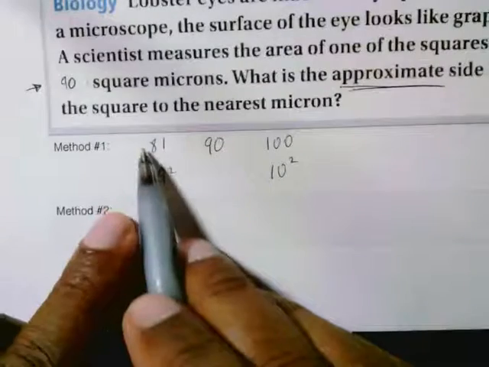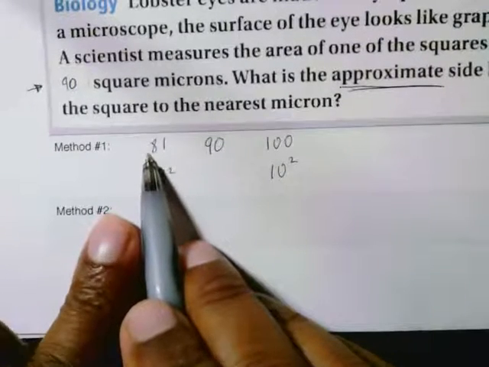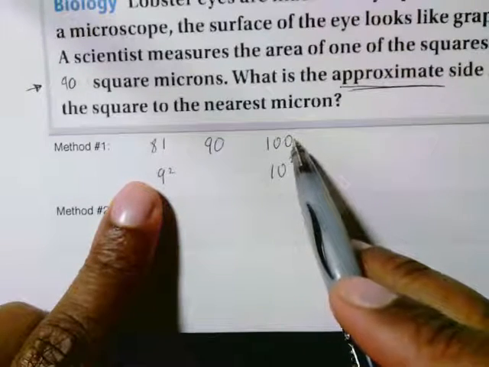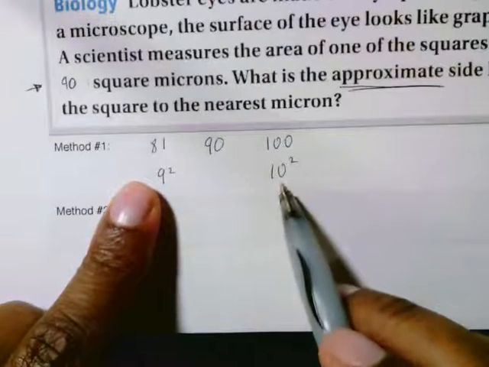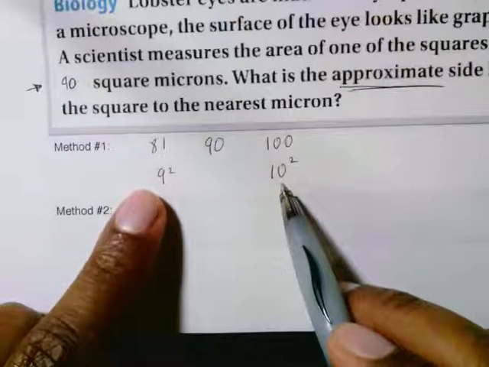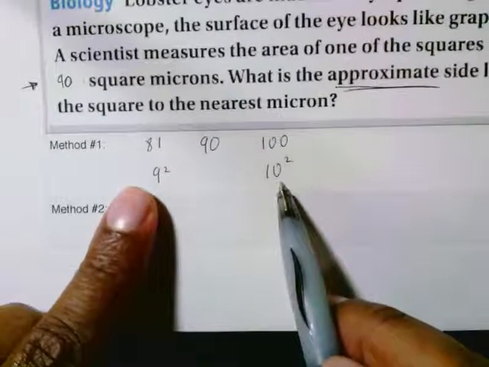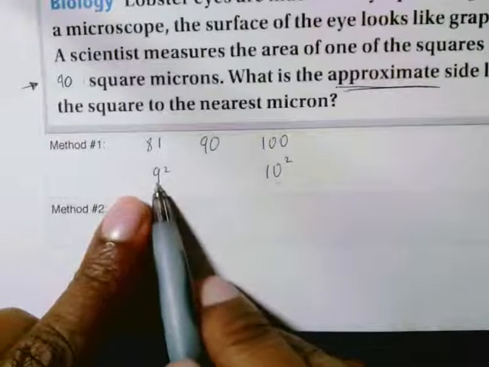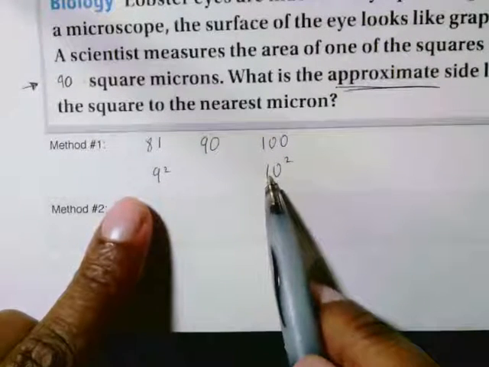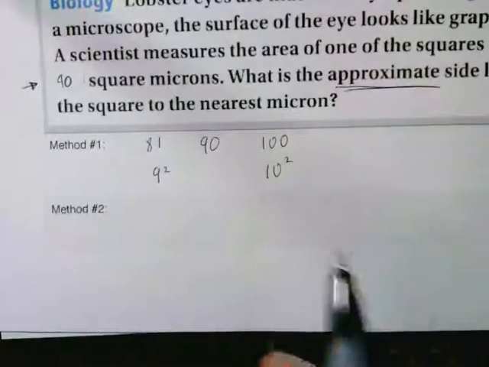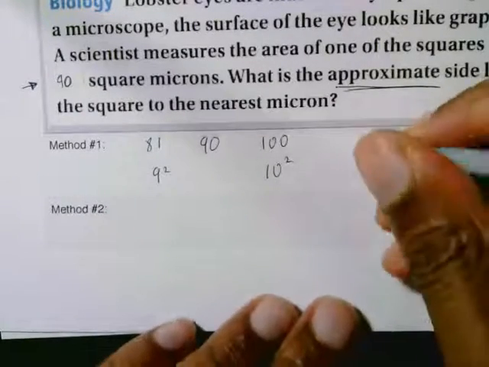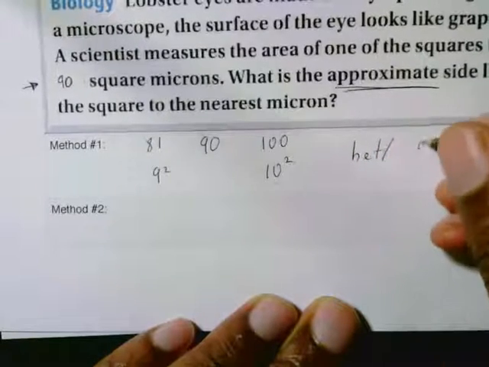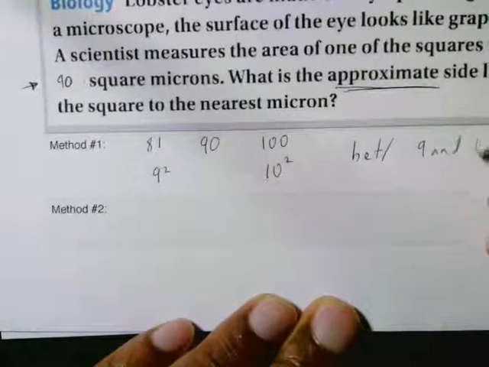So the square root of 81 is 9, and the square root of 100 is 10. So the square root of 90 is going to be between 9 and 10. It's going to be some sort of decimal. I don't know exactly what, but it's going to be between 9 and 10.